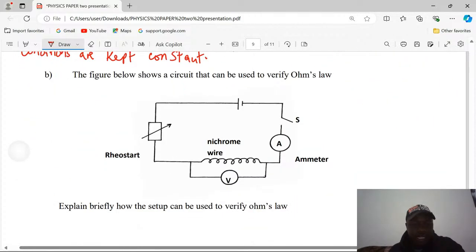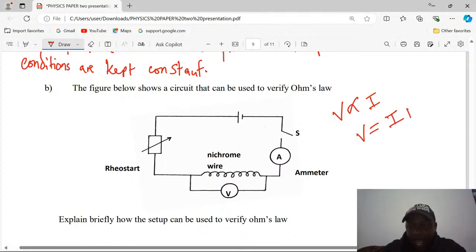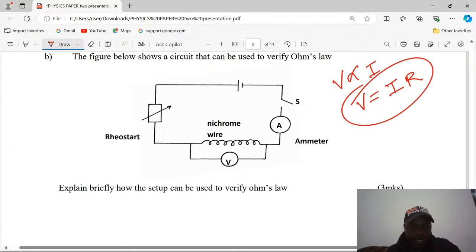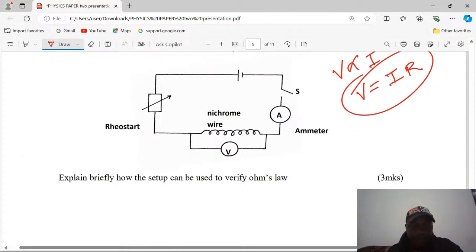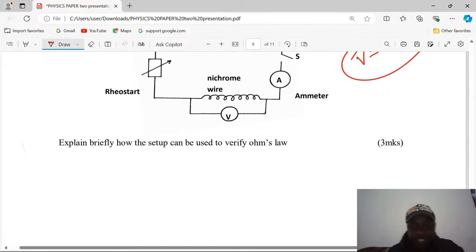Then we are told that the figure below shows a circuit that can be used to verify Ohm's law, to show that voltage is directly proportional to current. We introduce now a constant R. So we say arrange apparatus as shown, then vary current using the rheostat.